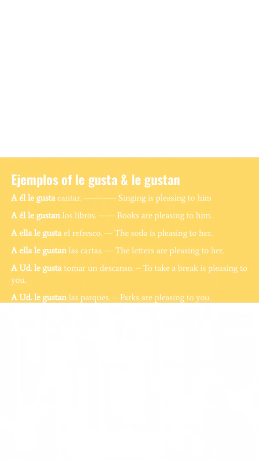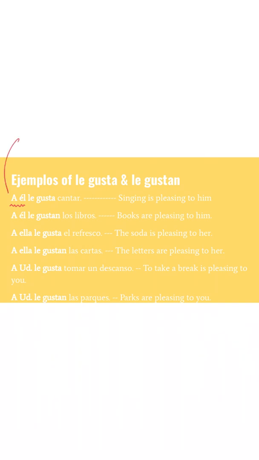Notice here, what do we have within these sentences that we've not seen prior? If you look through this first sentence, we have a él le gusta cantar. We have singing is pleasing to him. Think about it. How did we know that we were talking about him here? We have the le, but what else do we see? Hopefully, you've caught it here. At the very beginning of the sentence, we have a él.